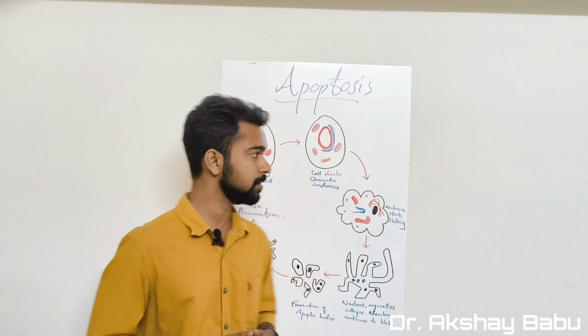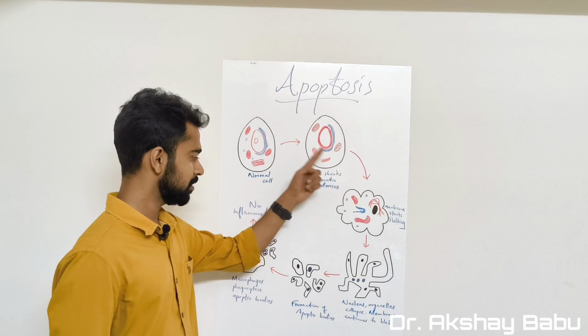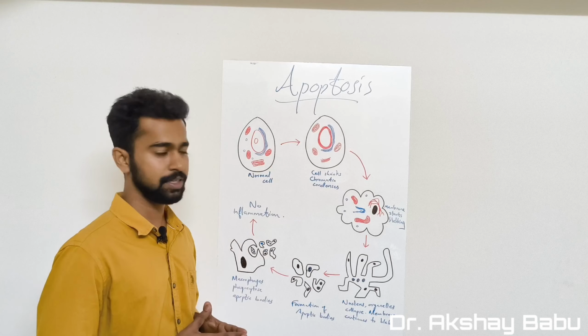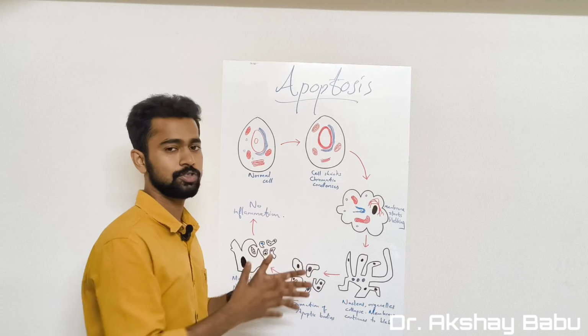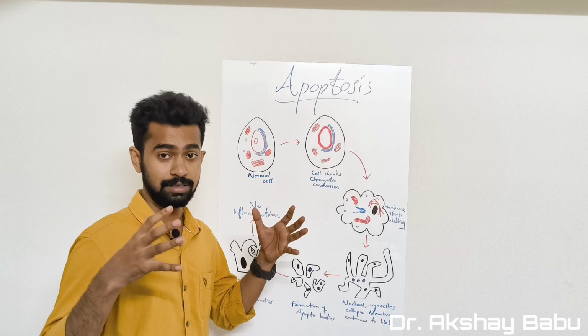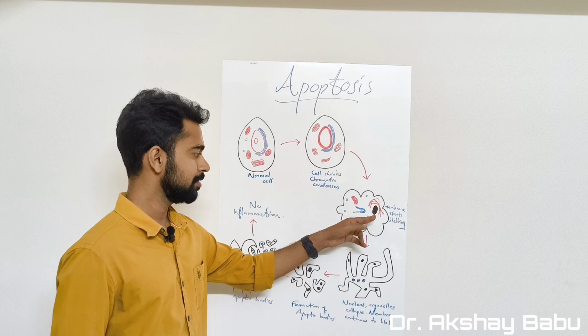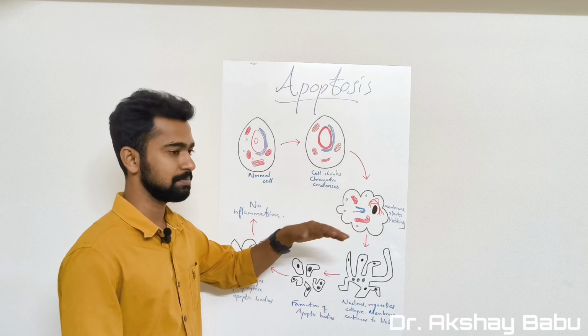So you can see in this figure that this is a normal cell. So in this proteolytic cascade, you can see that the cell starts shrinking and its chromatin starts condensing. And after that, you can see the cell membrane starts blebbing.